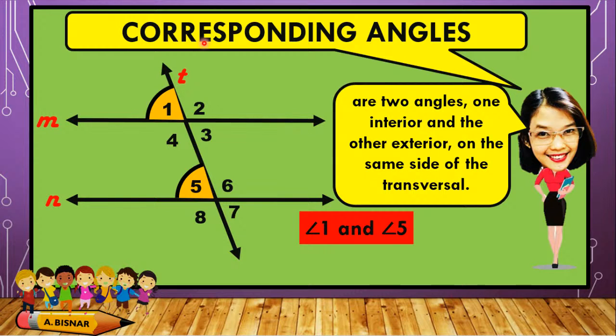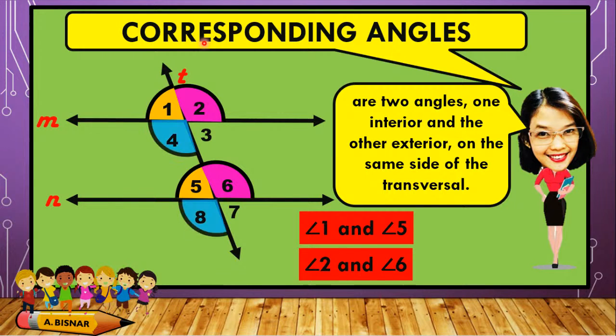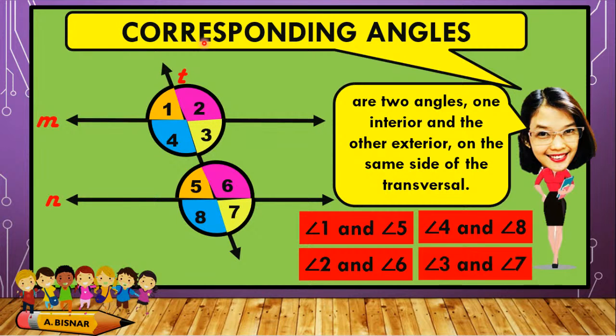Okay, let's try to find out if your answers are correct. So the pairs are 1 and 5, 2 and 6, 4 and 8. And then, we have 3 and 7.